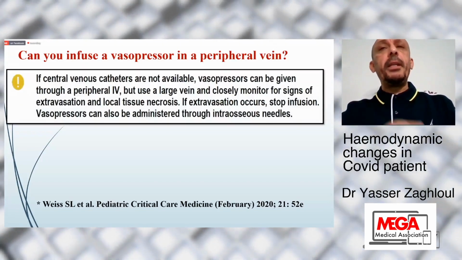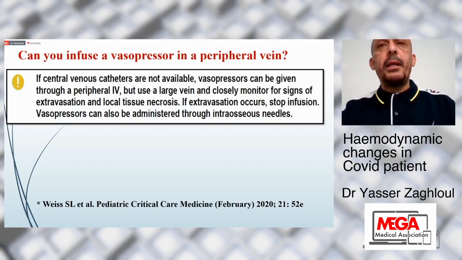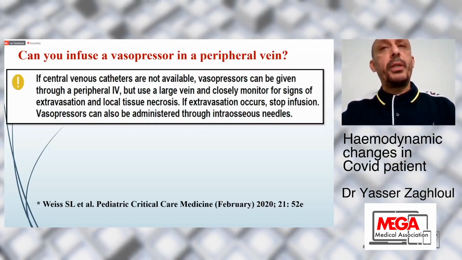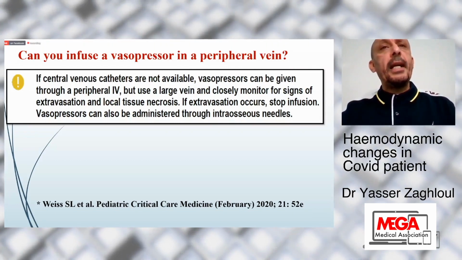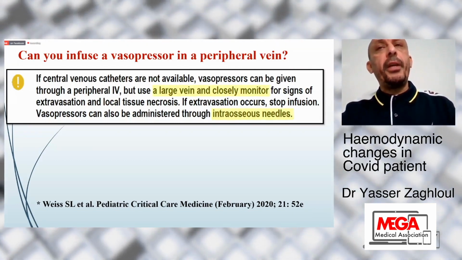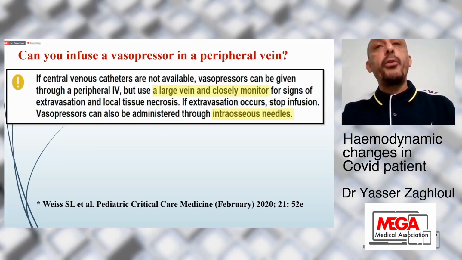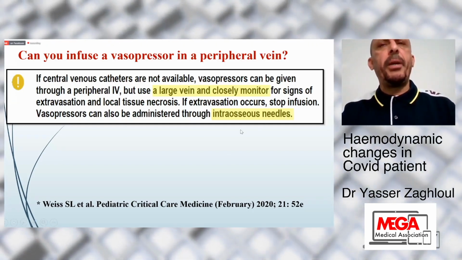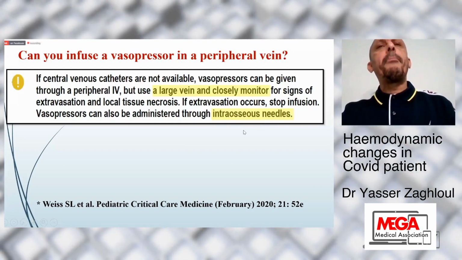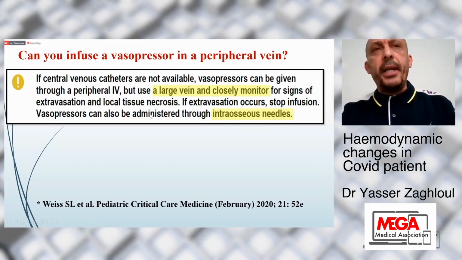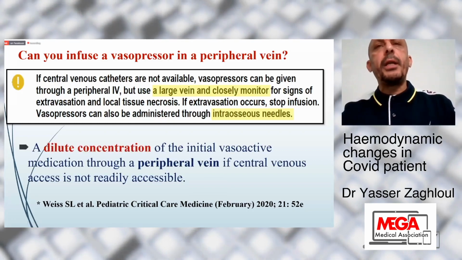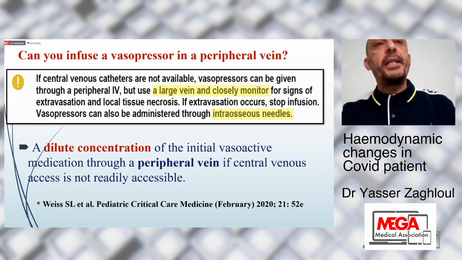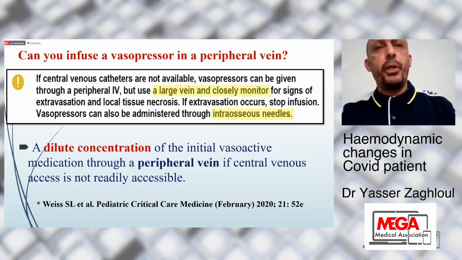In many patients, it may be difficult to find a central line, or there is no time to do a central line, or even no resources to put in a central line. So you can use a large vein with close monitoring, and the vasopressor can be used intraosseous as well. Maybe this is in pediatric patients or a small baby, but there is good evidence to use the vasopressor in a large vein with close monitoring to avoid extravasation or tissue necrosis.